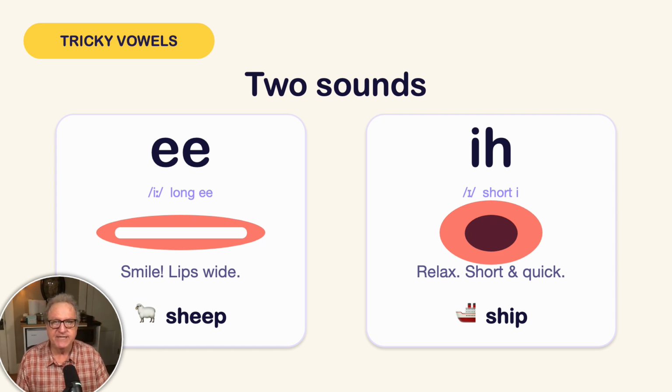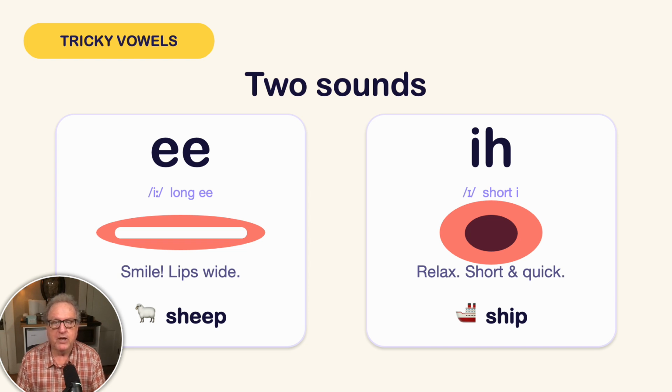Sheep. And the other sound is eh. It's kind of short, eh. This is the short I sound, the short I, as in ship. So your mouth is sort of round. Ship, eh.